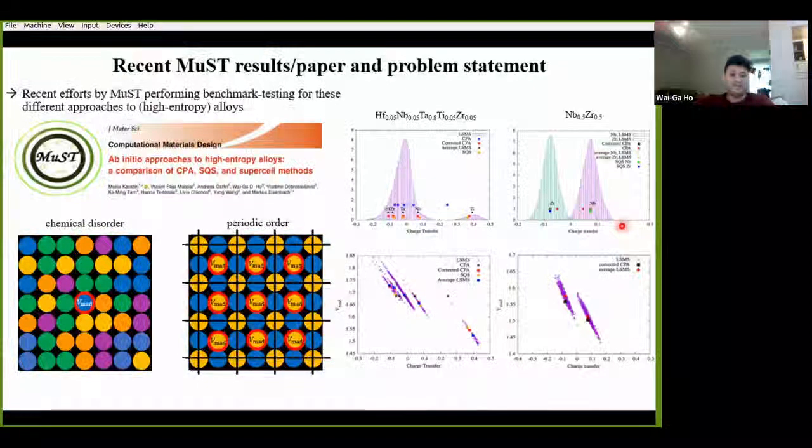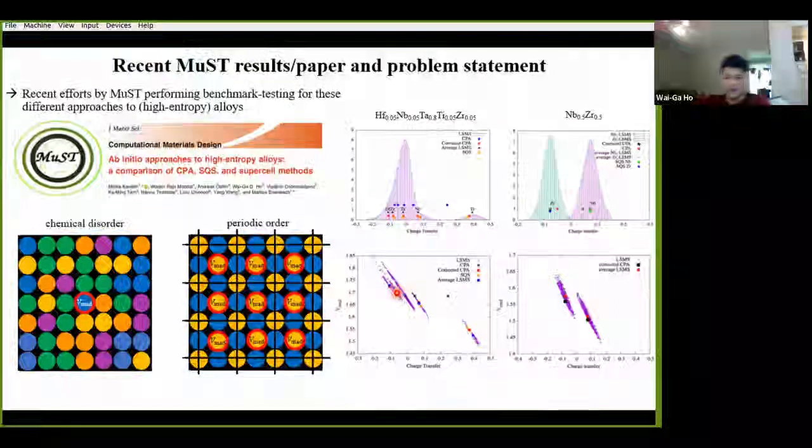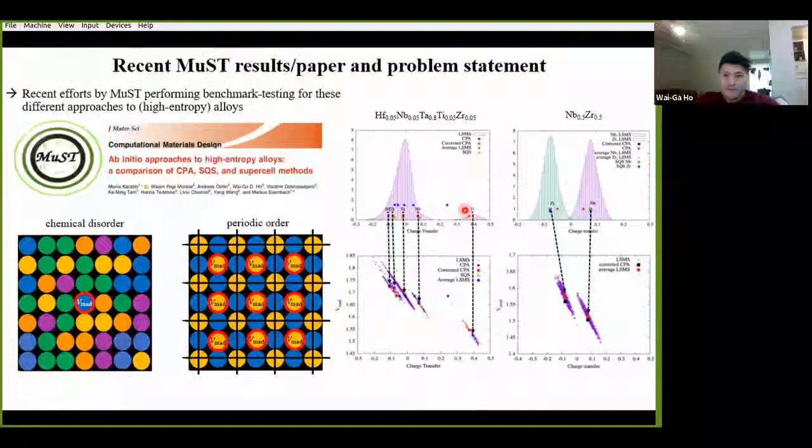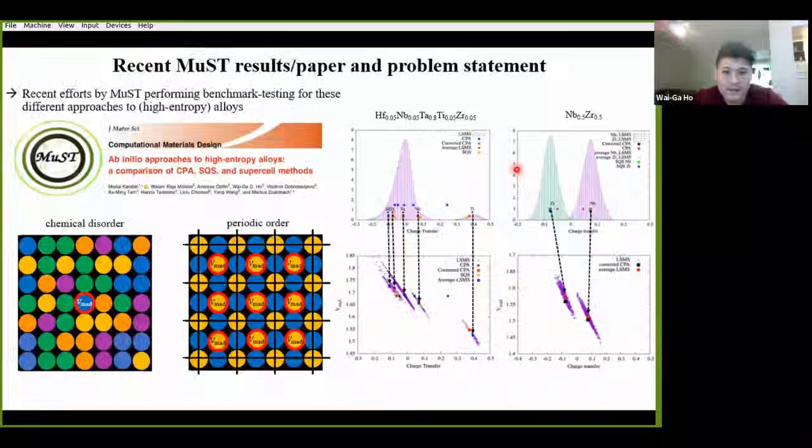But in addition to this, by scatter plotting these charge transfer statistics against the Madelung fields, the paper also establishes jointly linear QV relationships between the two random quantities for each atomic species. So these arrows here are just connecting the average LSMS result across the two rows. So the black triangles on the blue dots on the left, right?